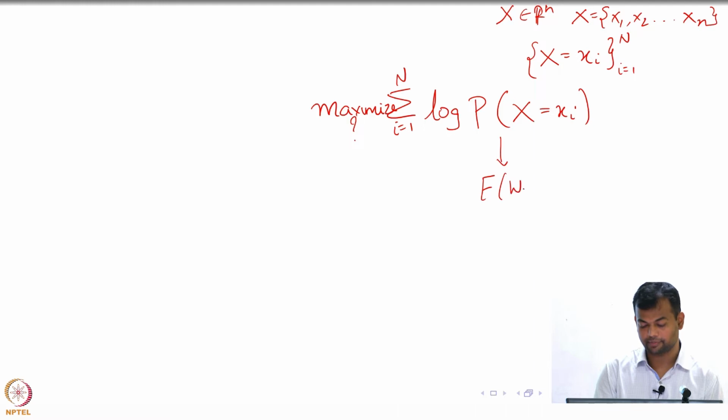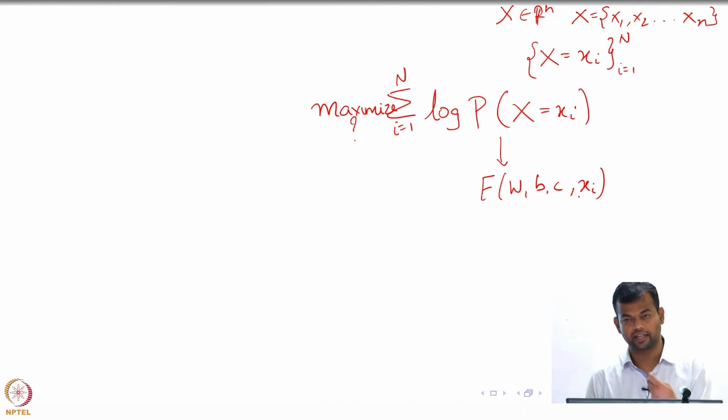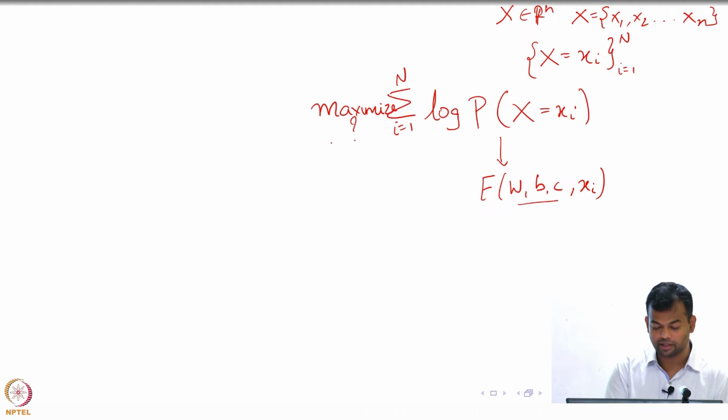W, B, and C. And of course, the function also takes in xi, because you want to compute the probability of x taking on the value xi, so you better take xi as the input. This is known as parameterizing the joint distribution using certain parameters, and the parameters were W, B, C, and then our optimization was with respect to these parameters.